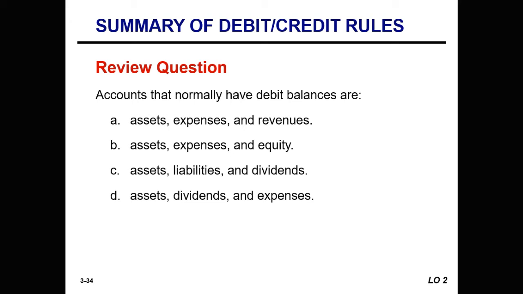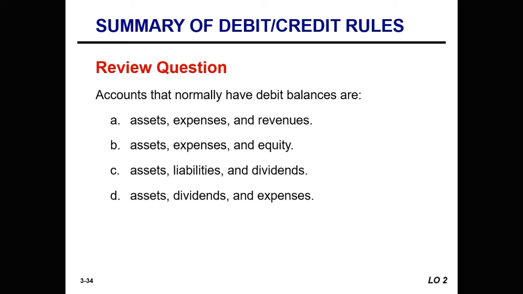Again, go back to your hand moment when we know it's assets and expenses both have normal debit balances. But equities have a normal credit balance, so we know it's not B. Revenues have a normal credit balance, so we know it's not A. We know that dividends decrease retained earnings.